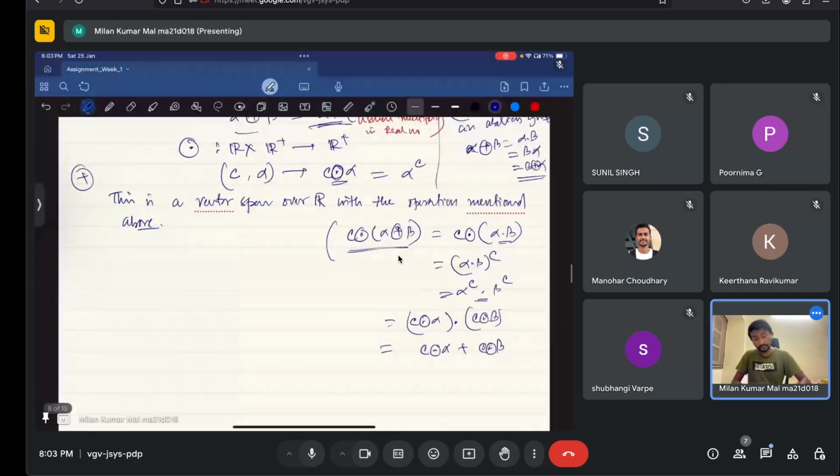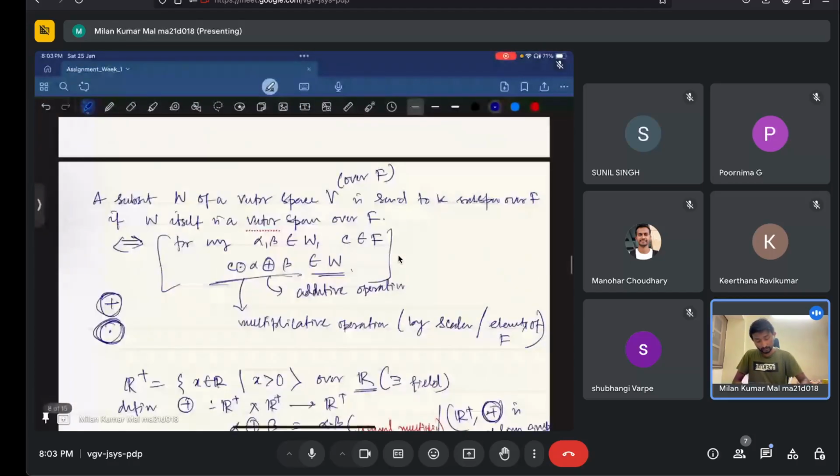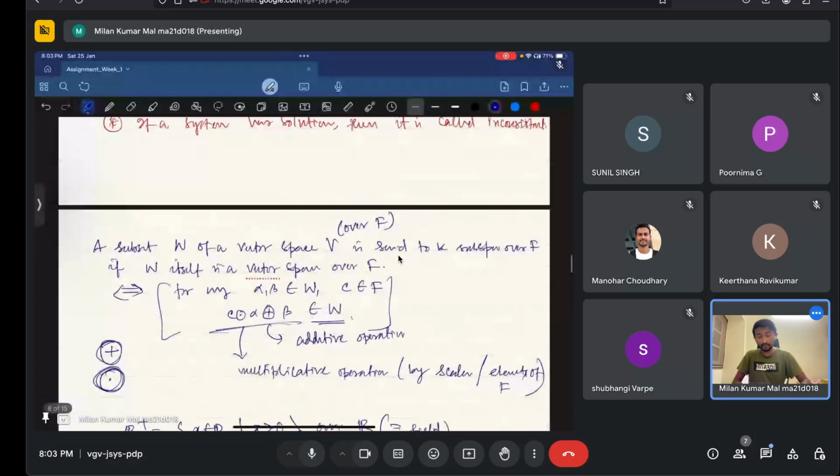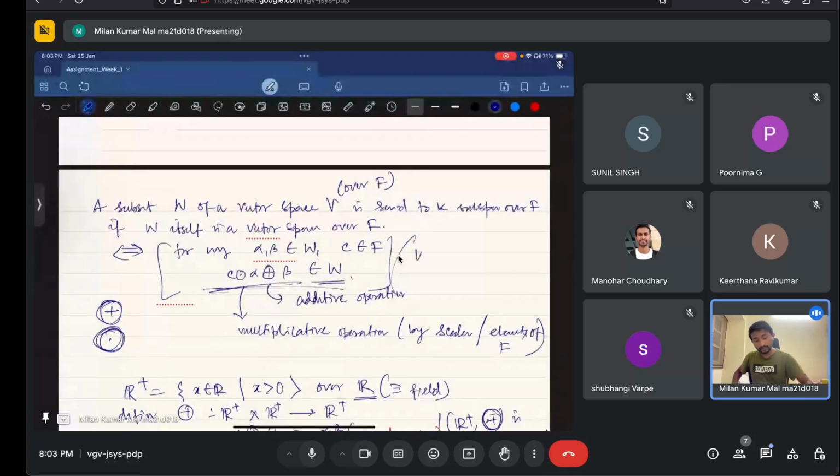And a vector subspace means this, usually written as C alpha plus beta should be in W whenever alpha and beta belong to W and C belongs to the scalar field F. So when you want to check whether a set is a subspace or not, the first thing you need to check is whether 0 is there or not, the zero element of the main vector space, the mother vector space from which it is becoming a subspace.